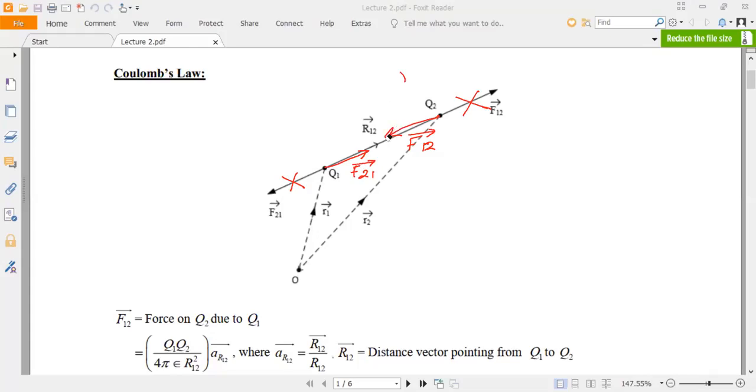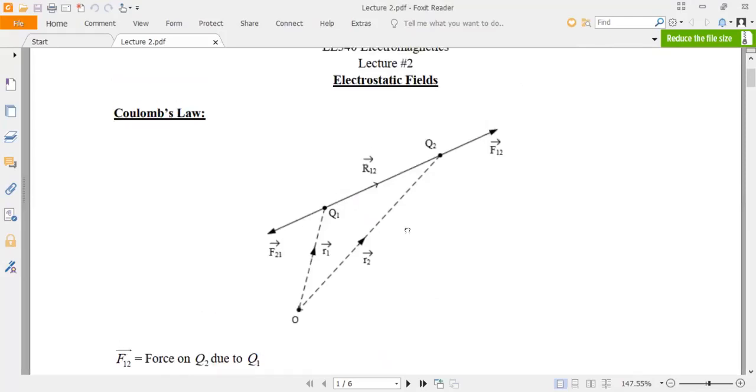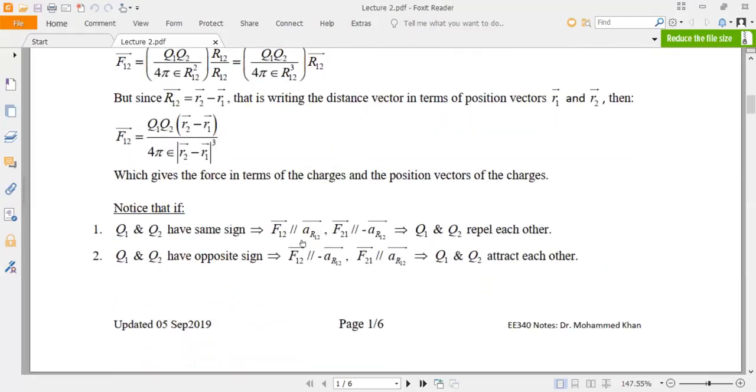Okay. And this is what I have summarized in the two points which I have written here. If they are of the same sign, then F12 will be parallel to the unit vector aR12, and F21 will be parallel to minus unit vector aR12, which I have already told. So they are repelling each other.